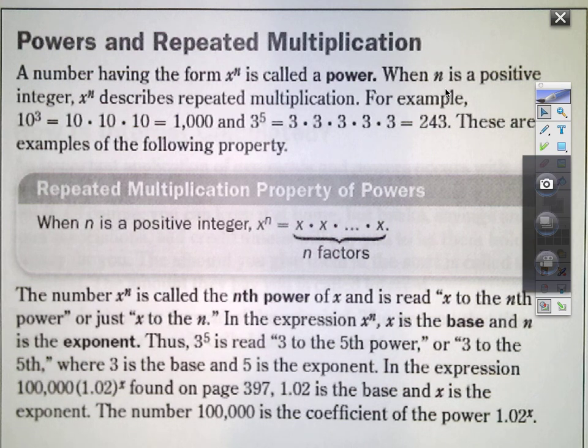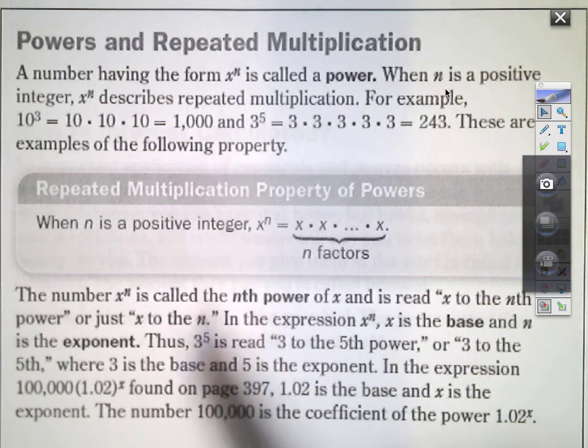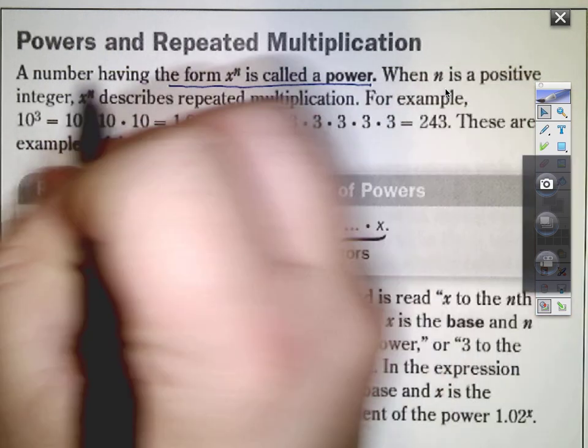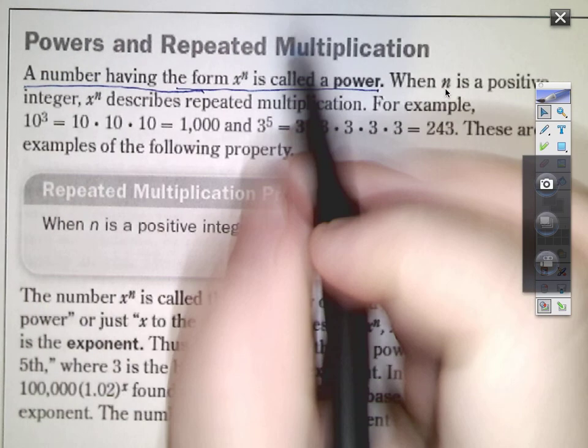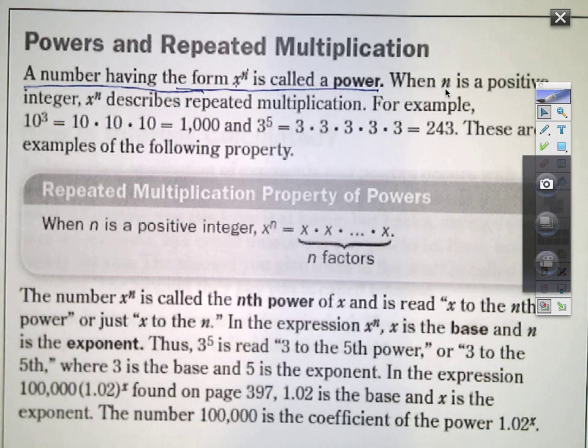First thing we need to talk about is powers and repeated multiplication before we get into compound interest. A number having the form x to the n power is called a power. Okay? The whole thing is called a power. X to the n is called a power.